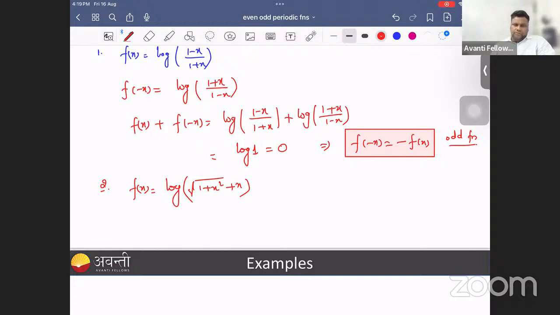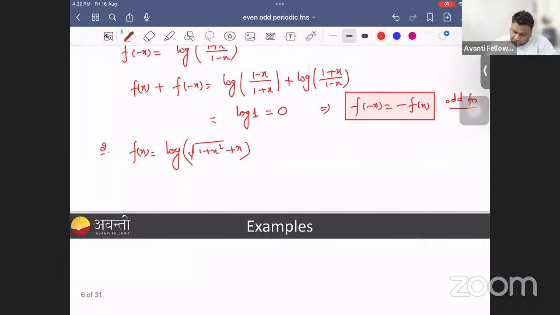Very good. Try again. Anybody else? See, it is an odd function.